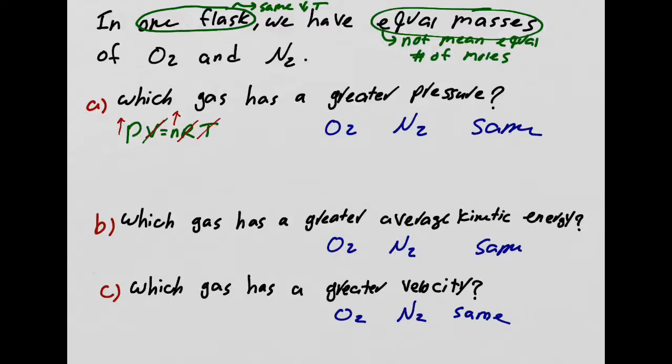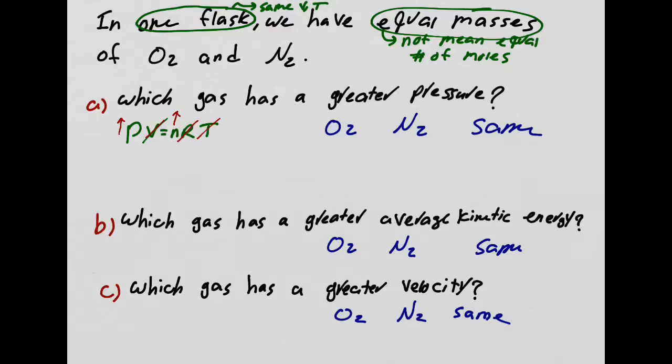Equal masses does not mean equal moles. So the one with a higher number of moles is going to have a higher pressure. Which one would have a higher number of moles? Now, if you can do this in your head, and I cannot do this in my head, always make up numbers for yourself and convince yourself with numbers which one would have a higher number of moles.